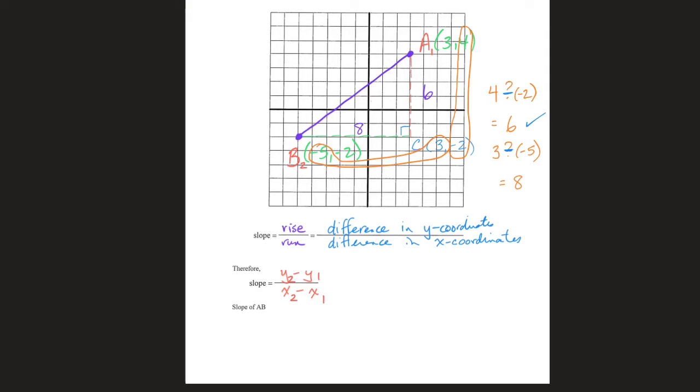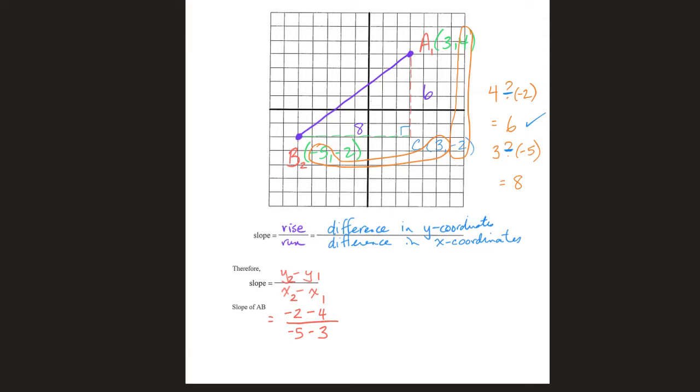So what I can do then is use that formula to go through and calculate my slope. And I'd like you to follow along with me right now. So the slope of AB would equal the y-coordinate at point 2, which is -2, subtract the y-coordinate at point 1, which is 4, all over the x-coordinate at point 2, which is -5, subtract the x-coordinate at point 1.